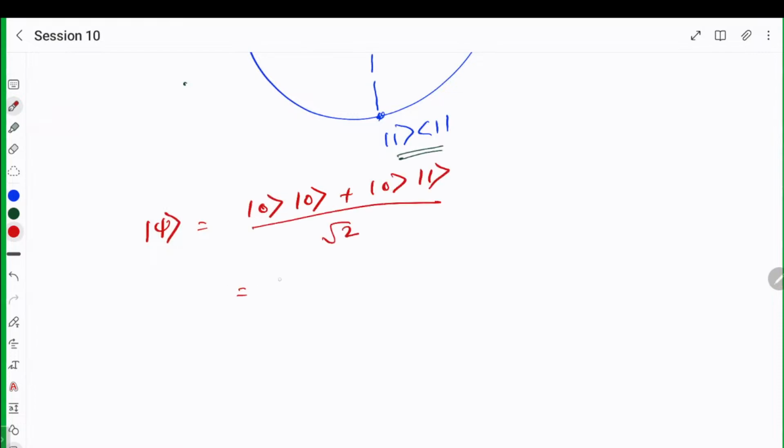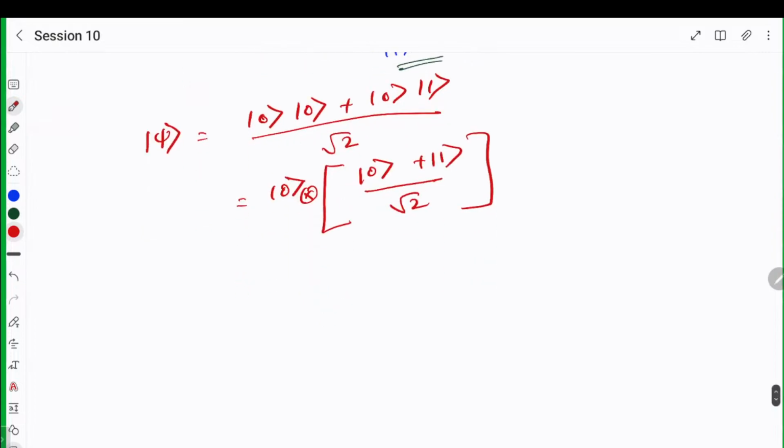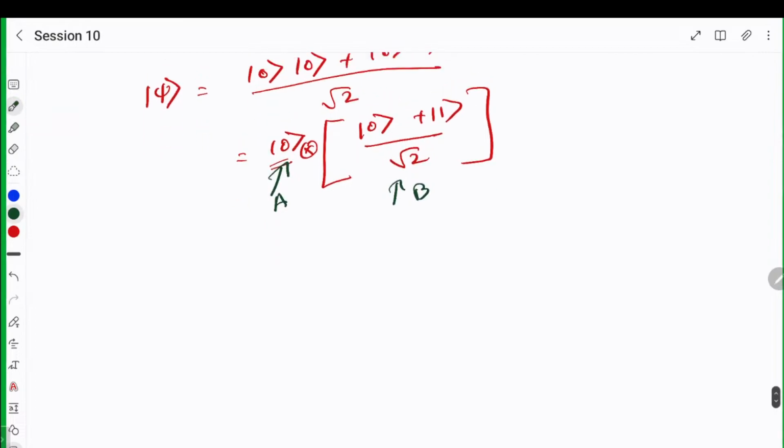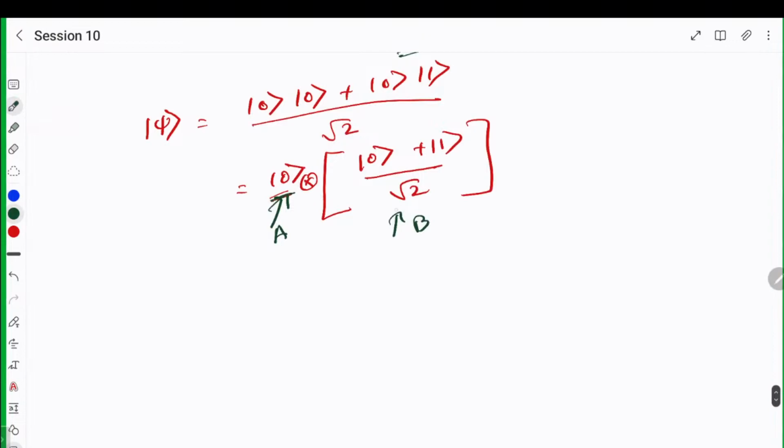You can take |0> common out in the tensor product, and then (|0> plus |1>) by root 2. In that case, each subsystem is known trivially, you don't have to do the reduced density matrix stuff. Both of them will be pure states if it is separable. The subsystems will be pure, for product states.